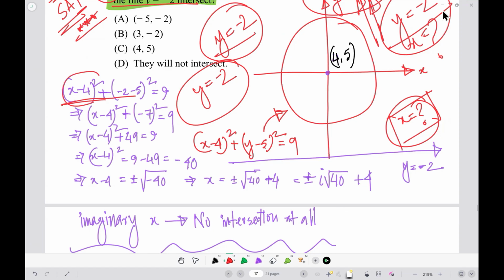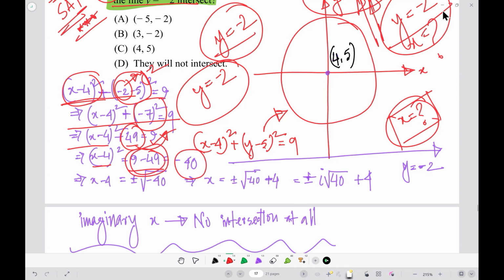We have done some simple calculations: x minus 4 whole squared plus 49, because negative 7 whole squared becomes 49, equals 9. Then x minus 4 whole squared equals, if you take this 49 to the right side, -49. After doing this, we get -40.